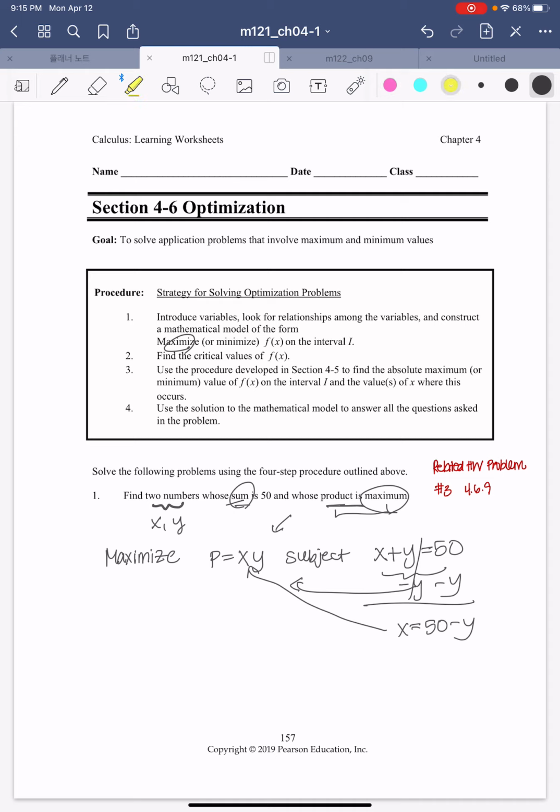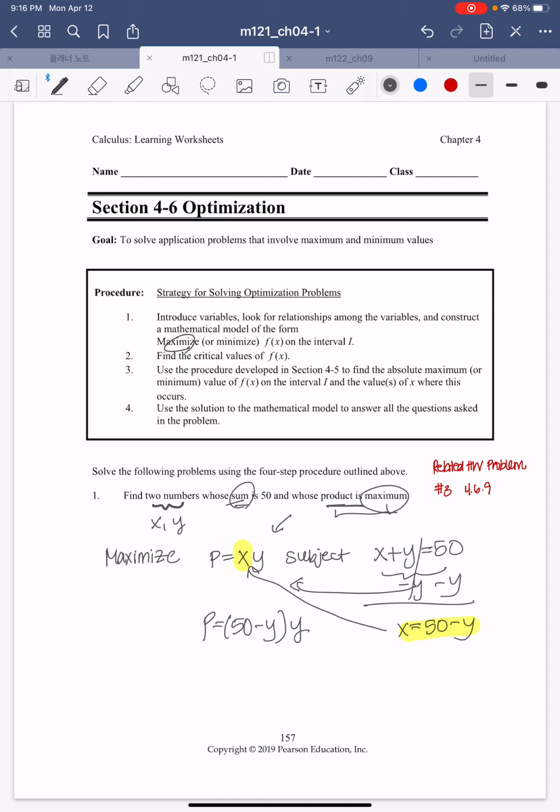You could do the opposite, no problem. You could start by solving for y and substitute that and solve for x, vice versa. It does not matter which order. So we have our product function as 50 minus y times y.